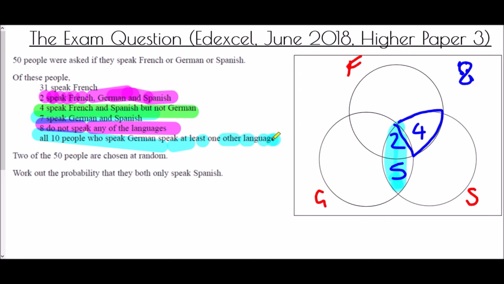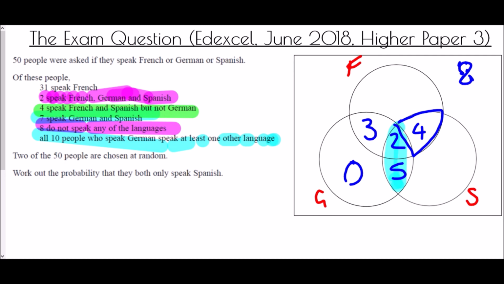All 10 people who speak German speak at least one other language. Now the information that's given me is twofold. I'm being told that actually there is nobody in this section of just speaking German. It's also telling me that that whole circle has to add up to 10. So 5 plus 2 is 7, so the last section there must be 3.